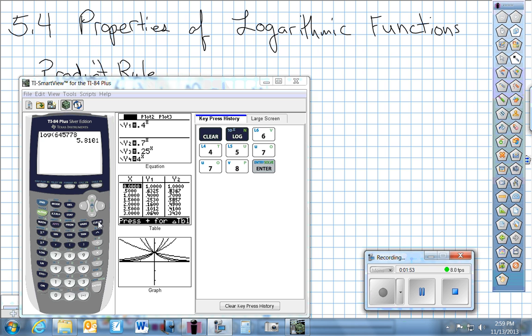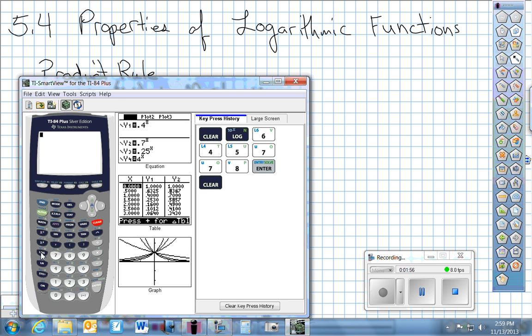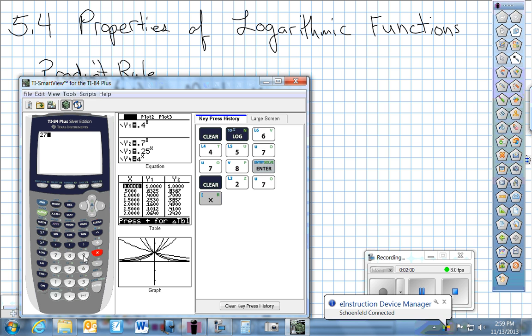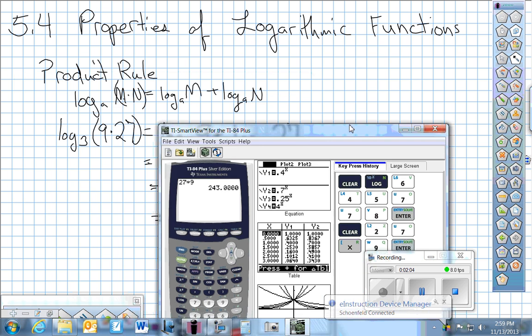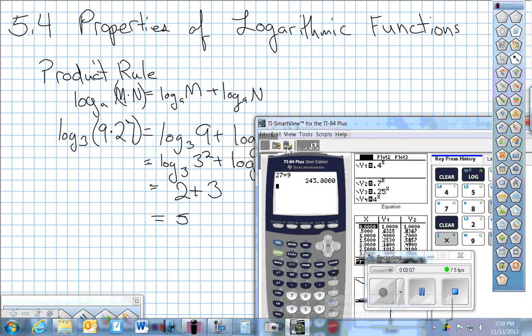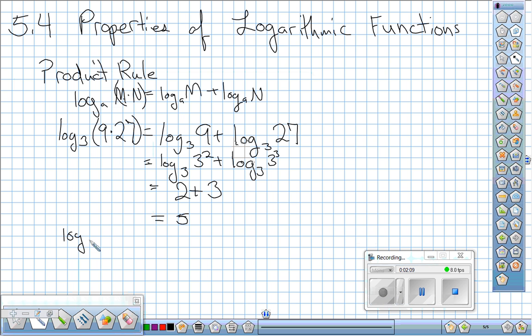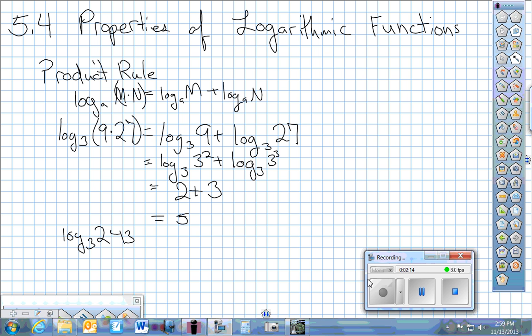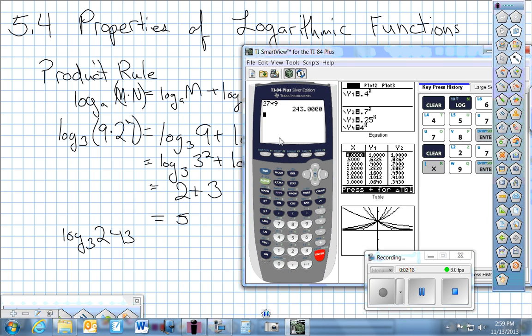If I wanted to do that in my calculator as well, 27 times 9 would give me 243. So then if I wanted to find log base 3 of 243, and this is just kind of a check for things that you should already know, if I wanted to do 3 to some power, I should be able to do 3 to the 5th, because I just figured out that 5 would be that power.